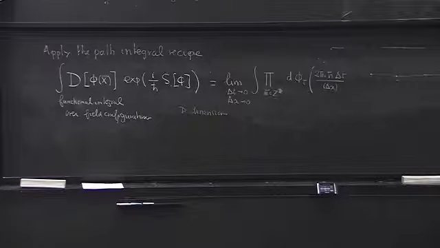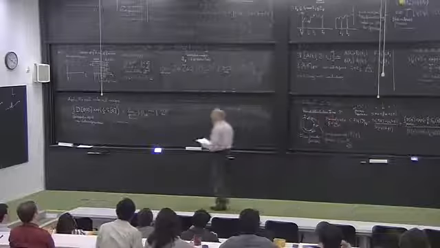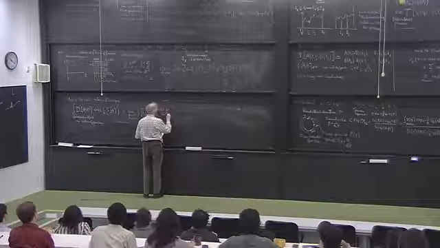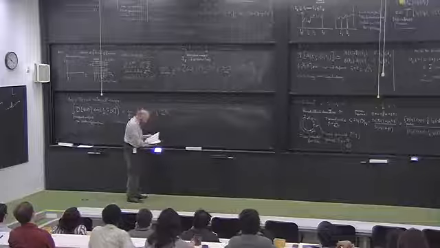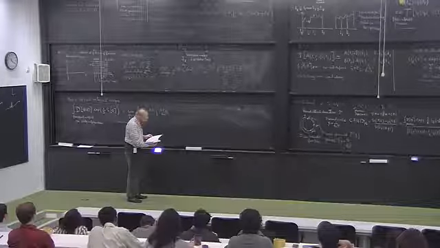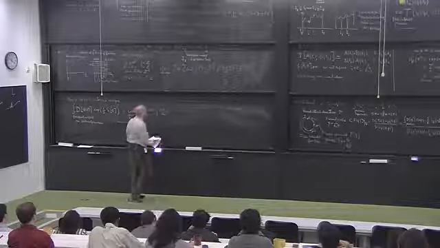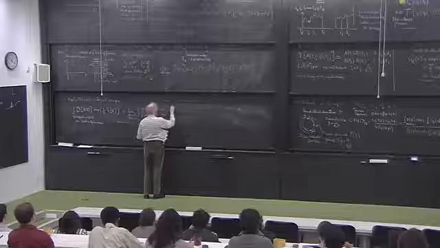And if you do the calculation, if I am not mistaken, you get delta x to the power d minus 1. Let me check. I am never sure. Yes. That's it. To the power minus 1/2.